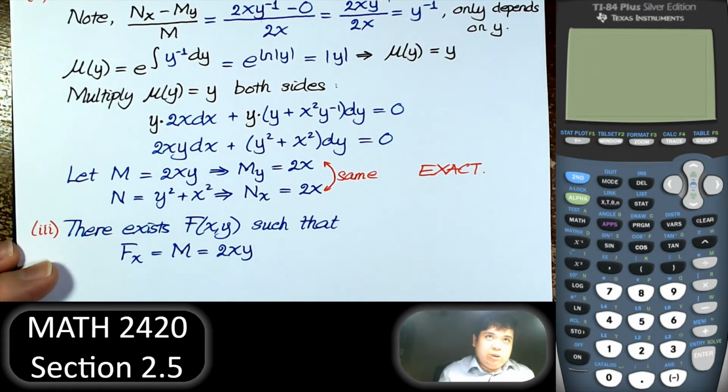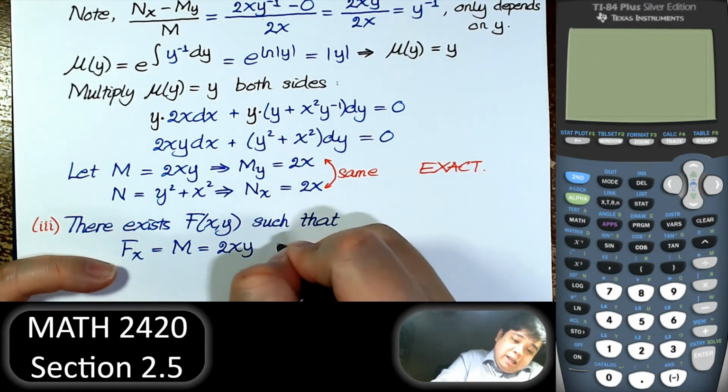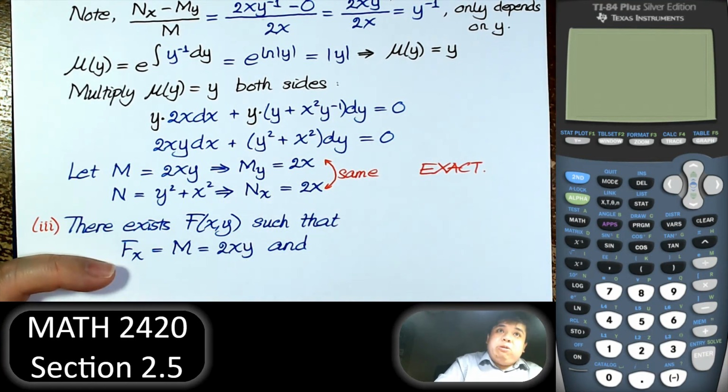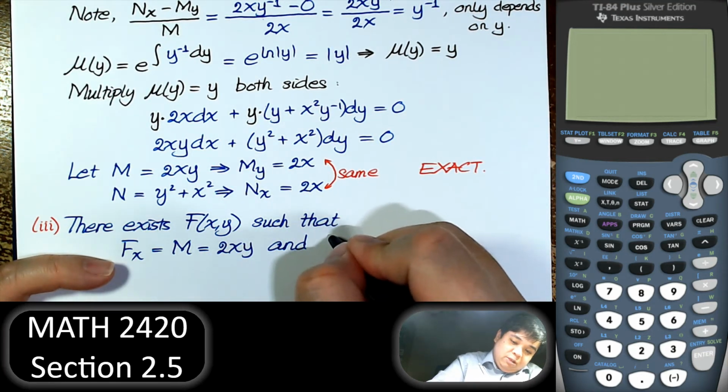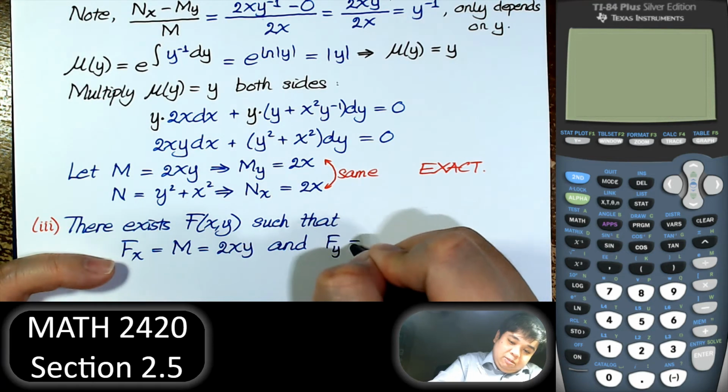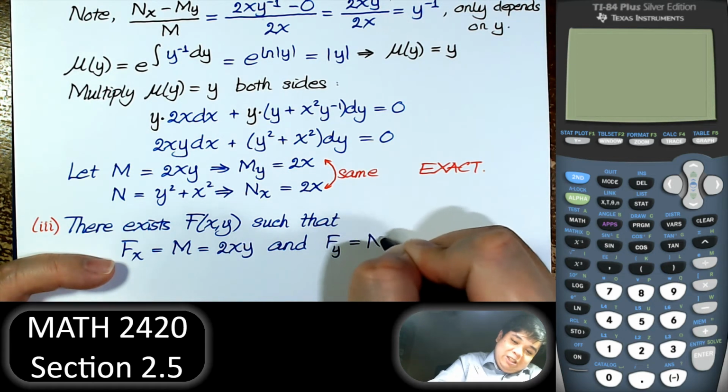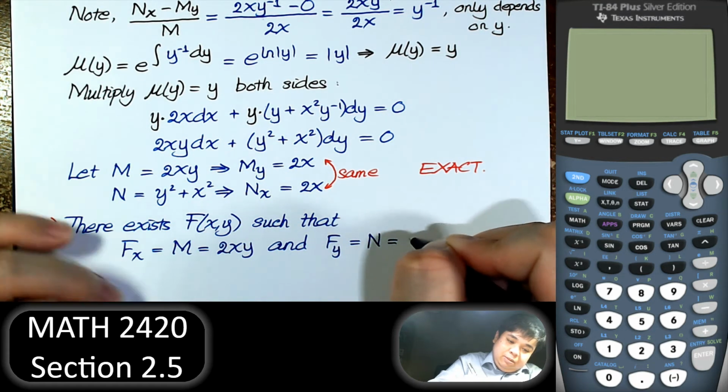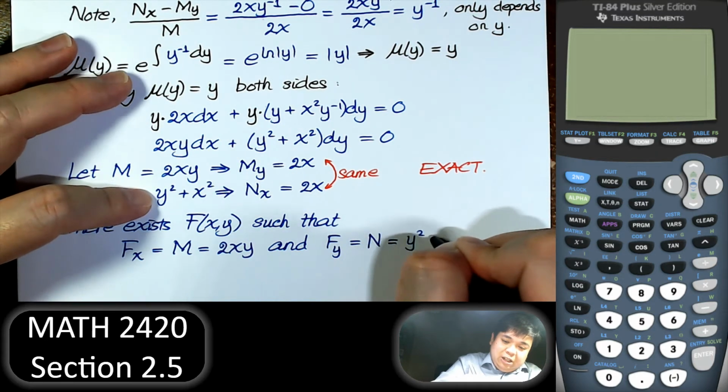There's another way to do that. But for now, let's just solve the exact equation. It's actually easier. It's more elegant too. Y squared plus x squared.